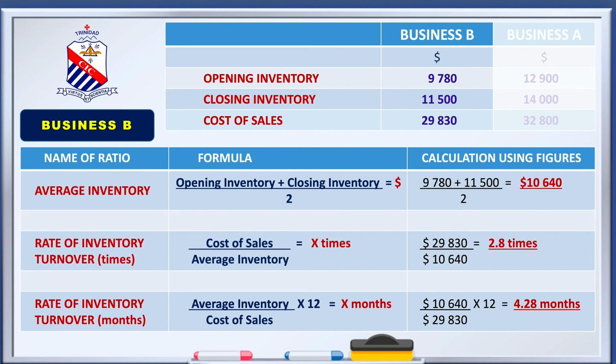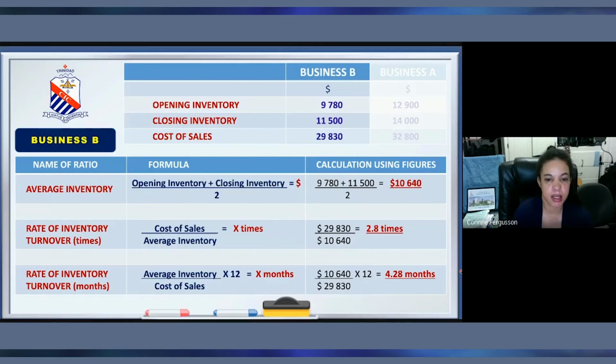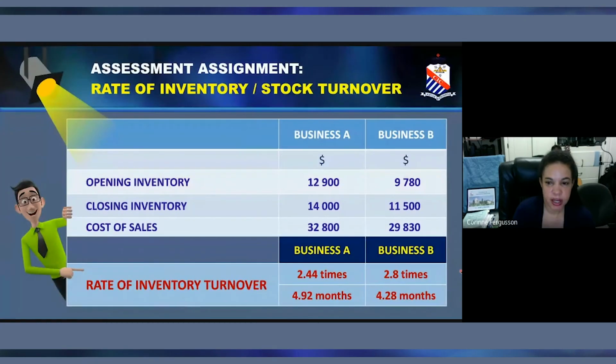So there are your answers for business B: 10,640 for average inventory, 2.8 times, and 4.28 months. So now you can see it where we can compare in terms of business A and business B.